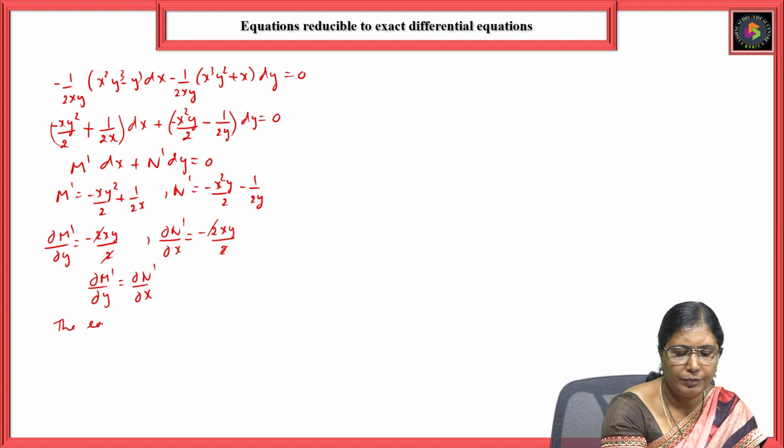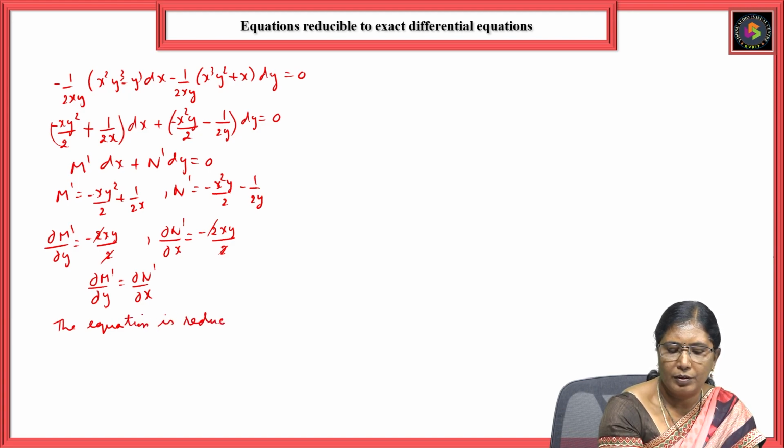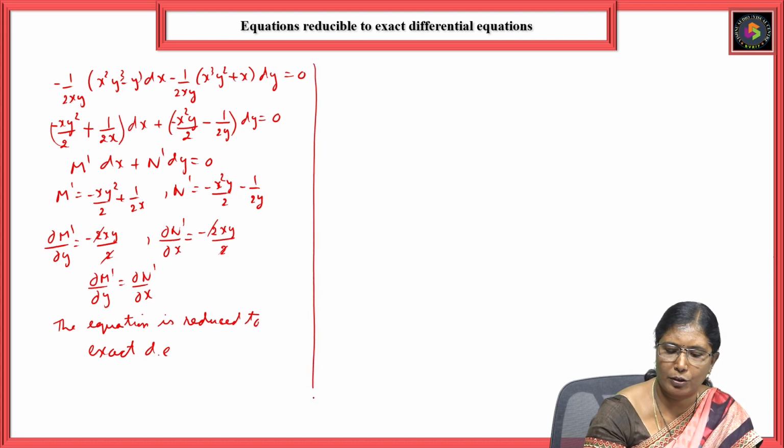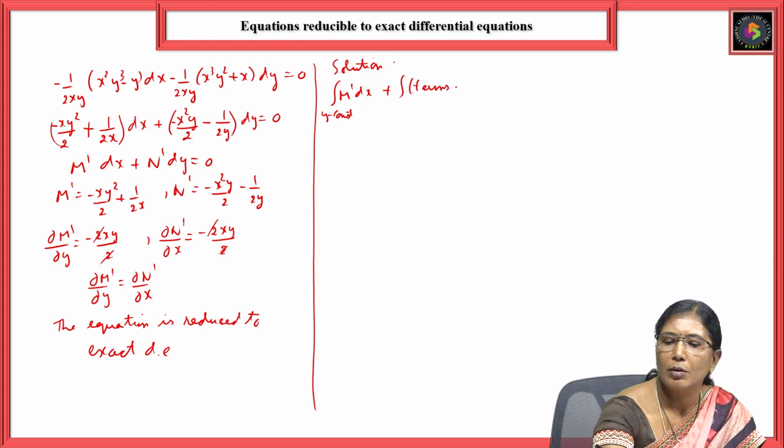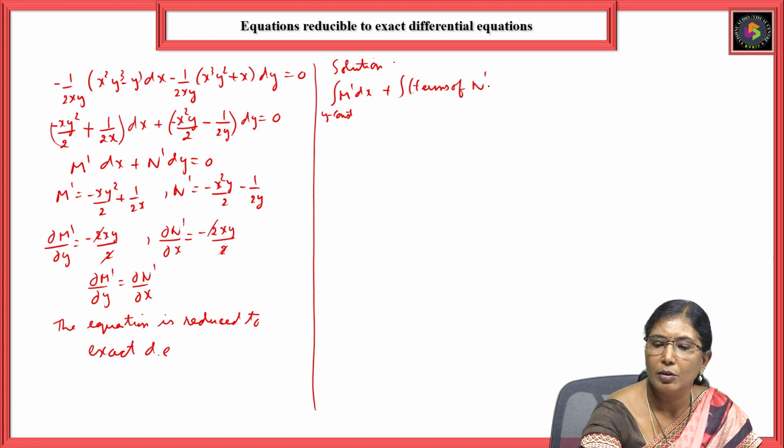Once it is reduced to an exact differential equation, you know the solution: integral of M' dx, keeping y constant, plus the terms of N' not containing x, dy, is equal to c.